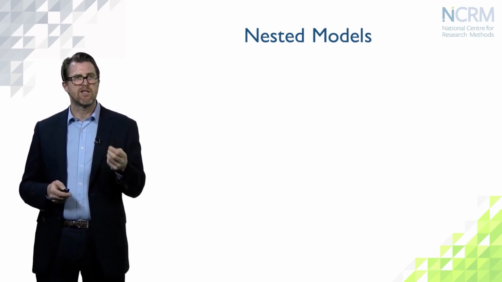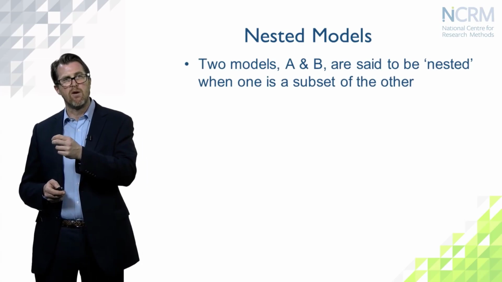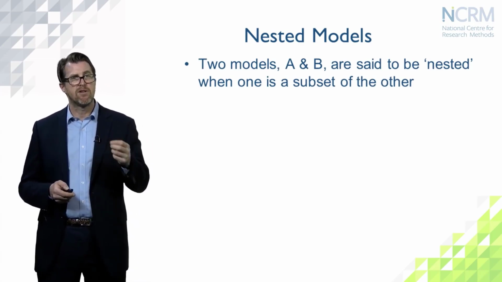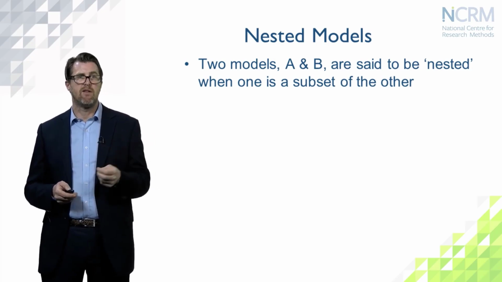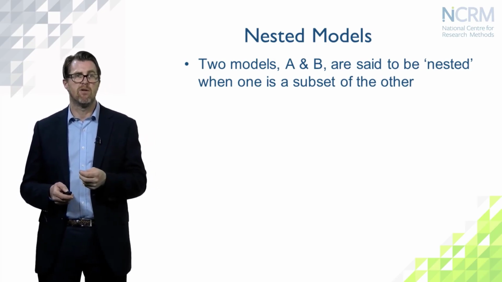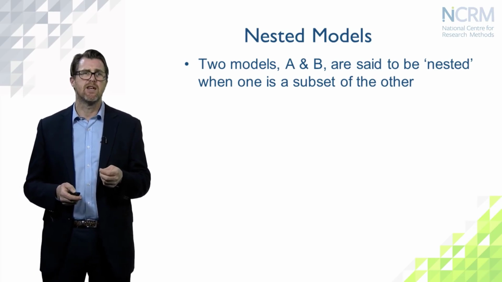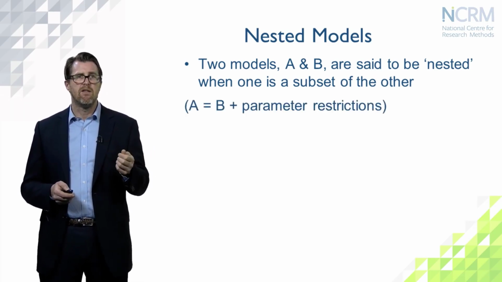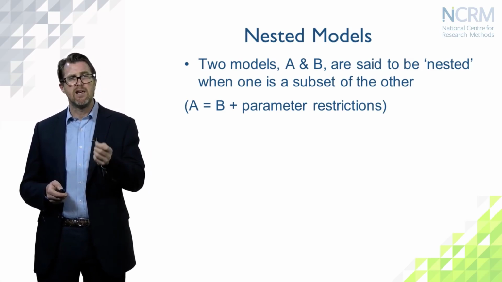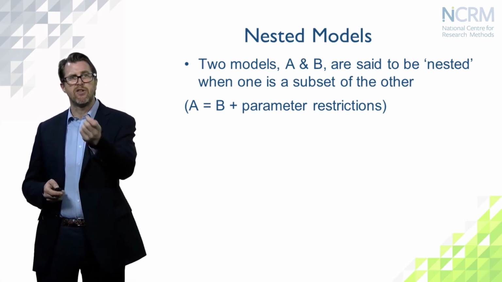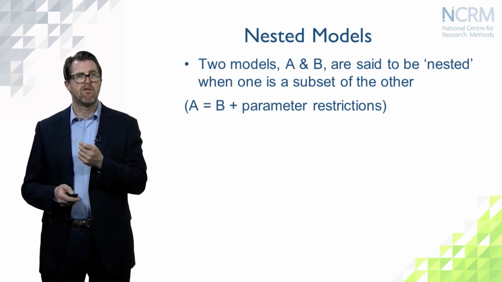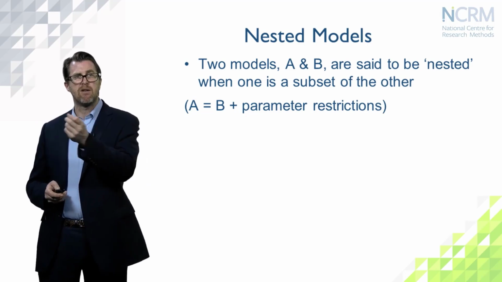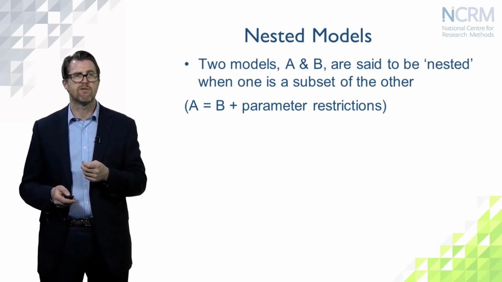Well, it's precisely this: one model is a subset of the other, or the parameters in one model are a subset of the parameters in the other model. Another way of saying this is that if we have two models, A and B, then model A is the same as model B, but it just adds some additional parameter restrictions. So A is B plus parameter restrictions.